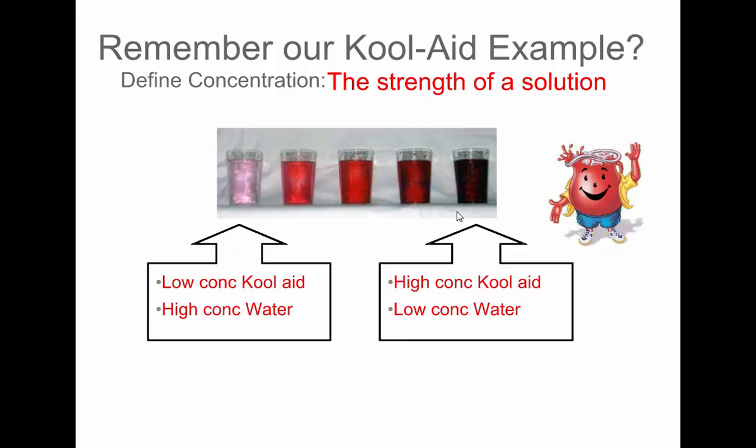We've been talking about molecules here, the molecules of Kool-Aid, molecules of salt or glucose or sugar. A molecule is basically a tiny little bit of something. So the smallest possible amount of salt you could have is a single molecule of salt.